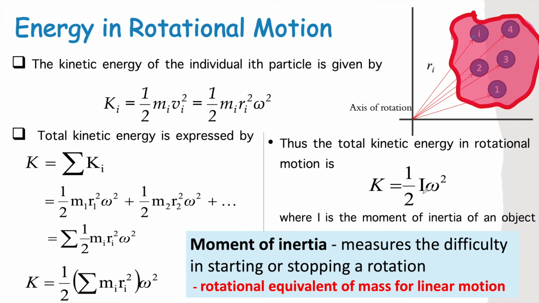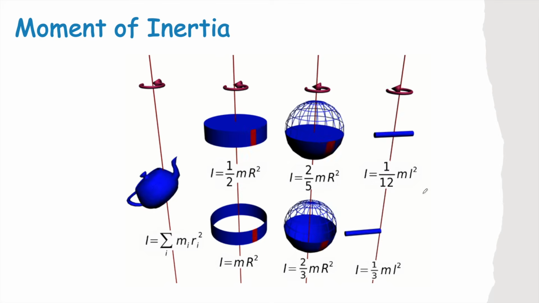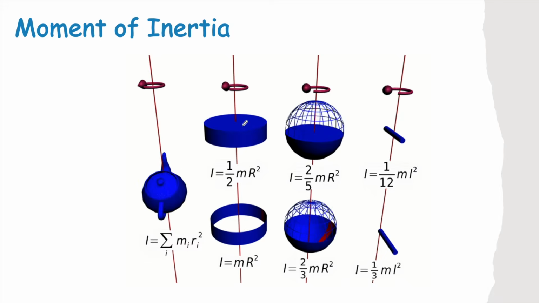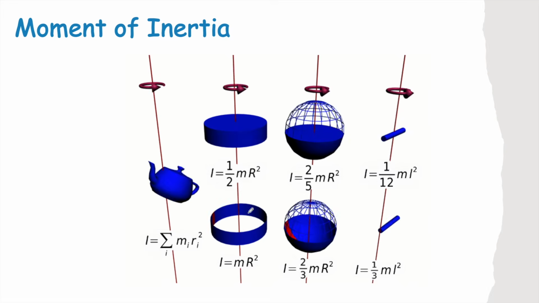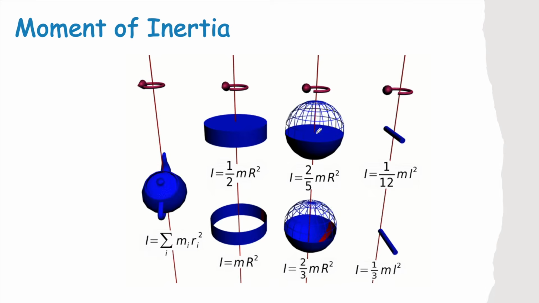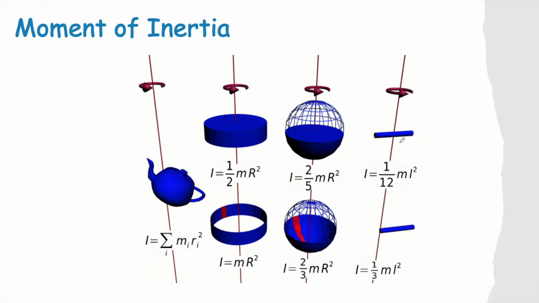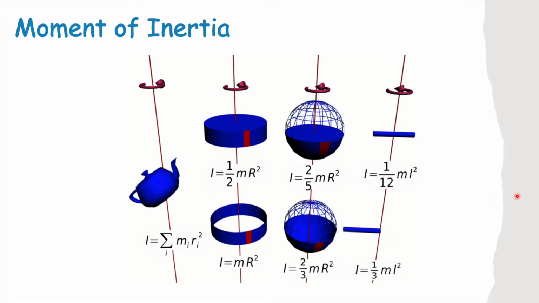Okay? Each of the objects has a different moment of inertia depending on where the axis of rotation is. For example, a solid cylinder and a hollow cylinder have different moments of inertia. Sphere and hollow sphere. If you have a rod, depending on where the axis of rotation is, it will also differ.